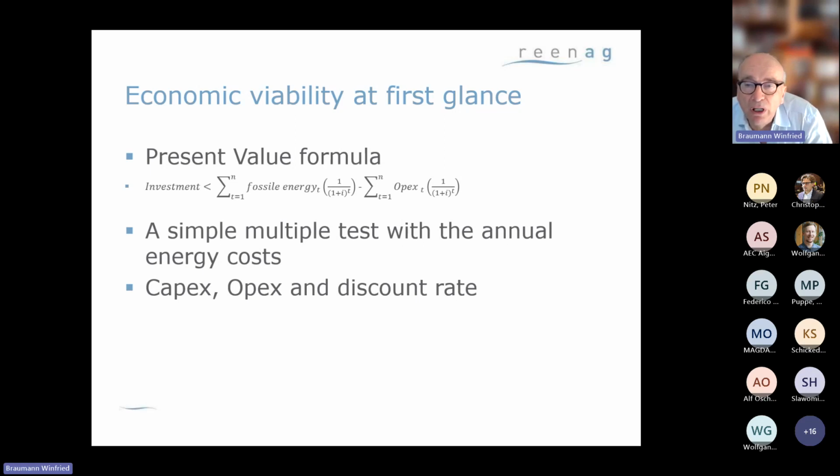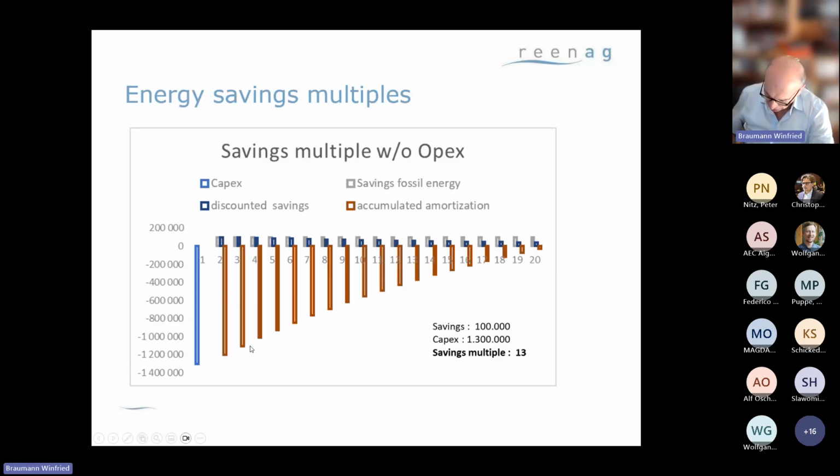If we assume an interest rate of 5% and an economic lifespan of 20 years, the investment costs should not be higher than 13 times the energy cost. So, as this chart shows, an investment of 1.3 million with an interest rate of 5% can be repaid over 20 years.